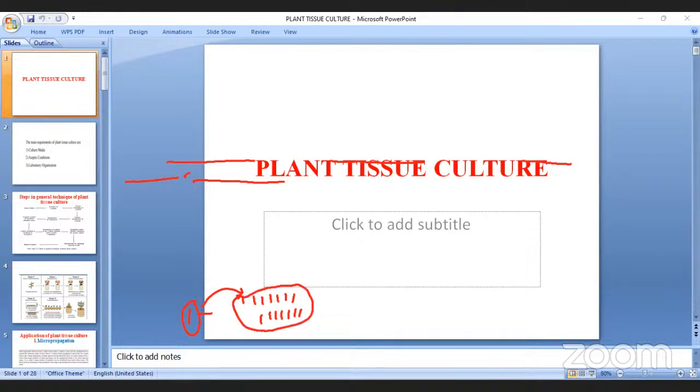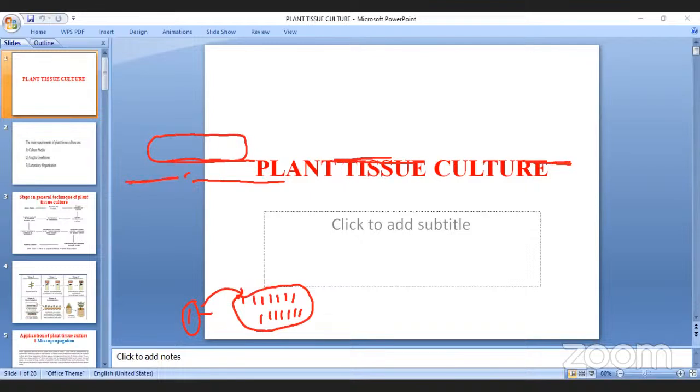But sometimes, due to some reasons, variations occur. That means some gene structure is modified during the culturing process. So these variations occur during tissue culture, and that variation is called somaclonal variation.